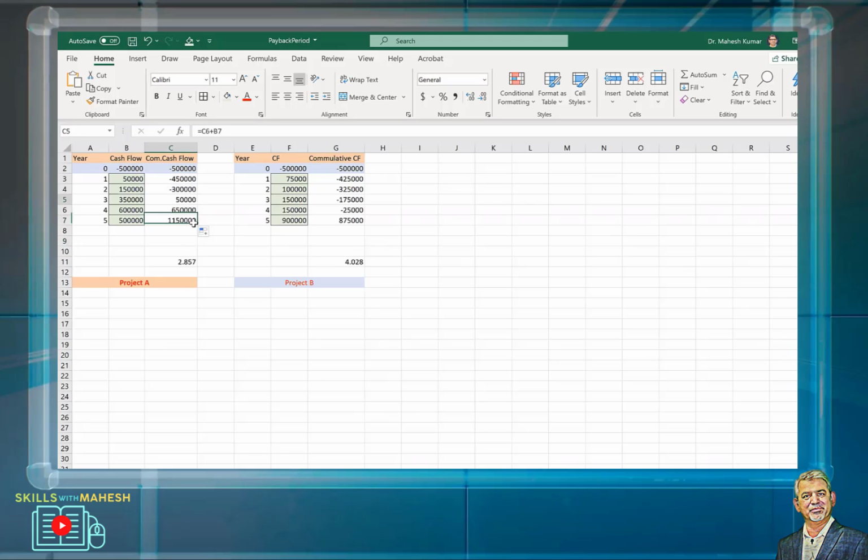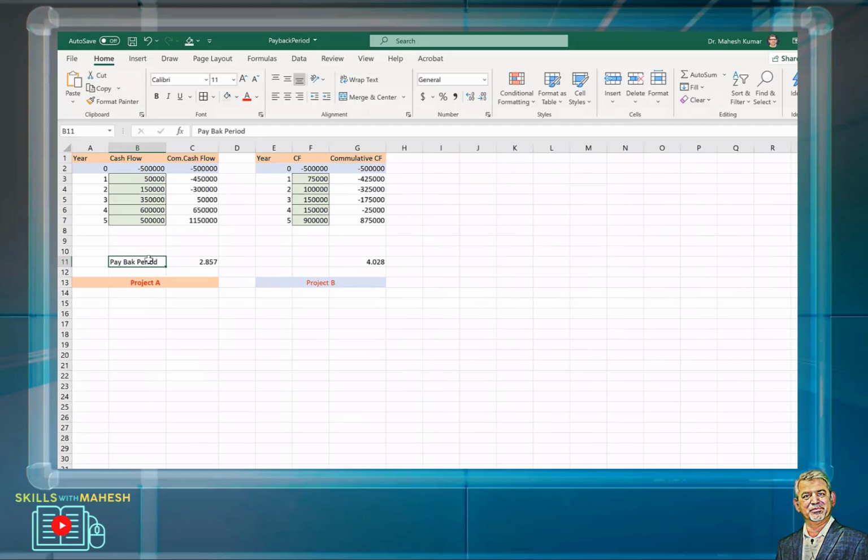So here, this is payback period. I can extend it a little bit. This is in years. If you want, you can write years here. And how did I get this number? This number is through that formula.